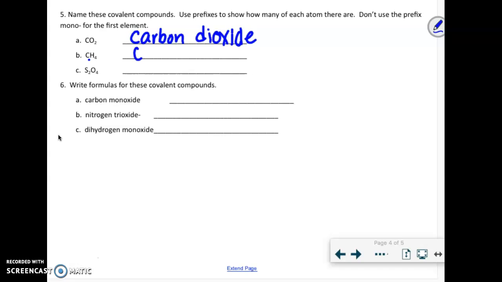Again, 1 carbon, we don't use mono. 4 hydrogens, so it's tetrahydride. You'll learn later that is also methane. If you've ever heard of methane, that is another name for that. But hydrogen would change to hydride. 2 sulfurs right here, so you go disulfur tetraoxide.